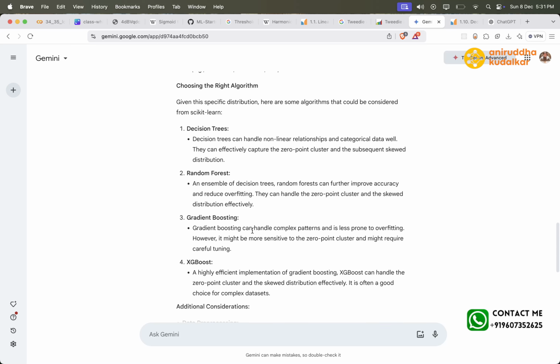Now, what if you follow Gemini in this case, the decision trees? The ensemble of decision trees, random forest, can further improve the accuracy. They can handle the 0-point cluster and the skew effectively. This is also okay. So random forest can also handle this kind of distribution.